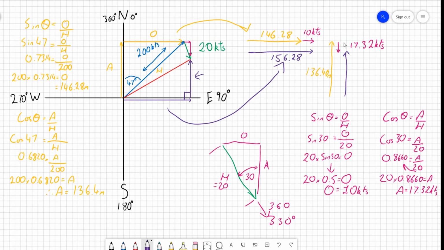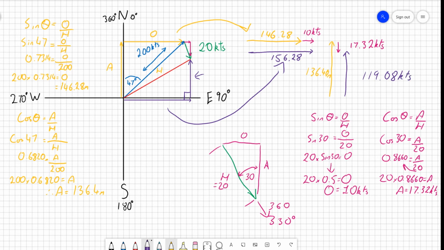Because this one here is in the opposite direction, or directly opposing that one, I'm going to take my 17.32 knots off my 136.4, leaving me with this component of my vector being 119.08 knots.